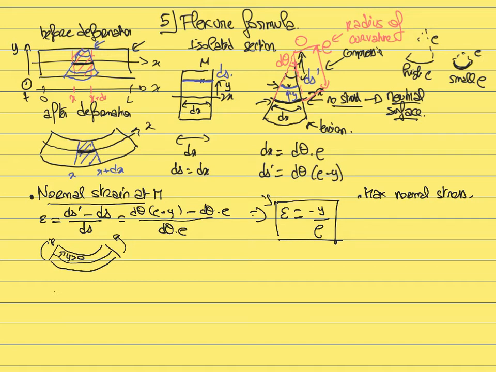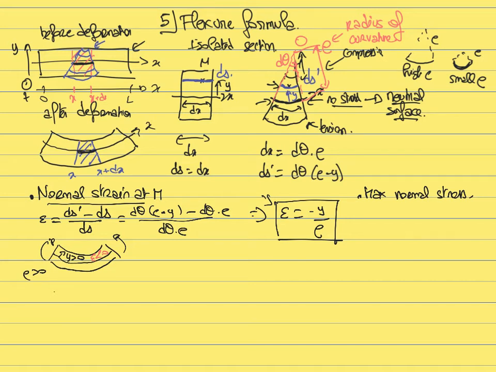If rho is positive, it means that you have a positive curvature like this. Then if you have a positive curvature, a positive y means that you will get a negative epsilon. If y is positive, since epsilon is minus y divided by rho, that is going to give you a negative epsilon.